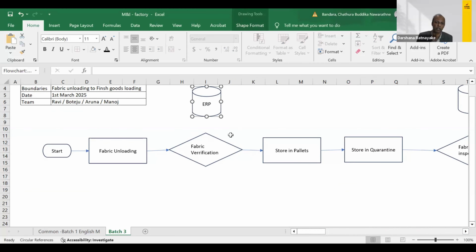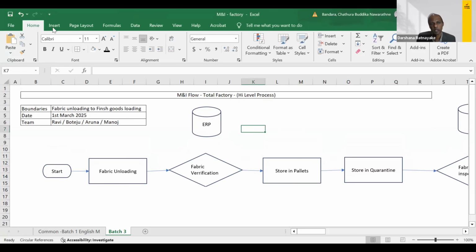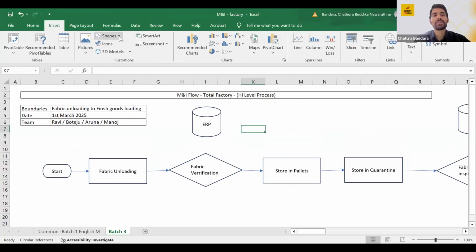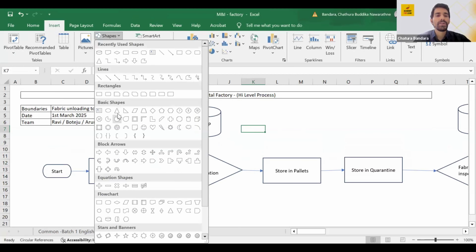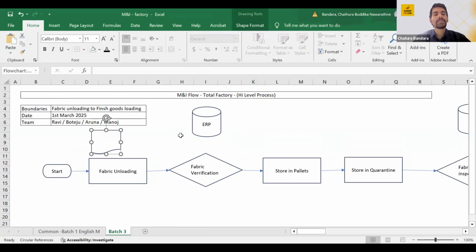Fabric unloading, what document or information do we use to unload and where does it come from? The quality data points we already marked. Okay, we'll mark only fabric unloading, then move forward for now. Do you refer to a document or system in unloading?